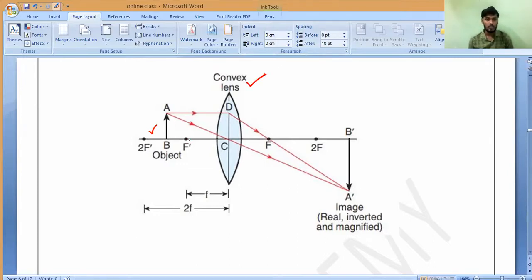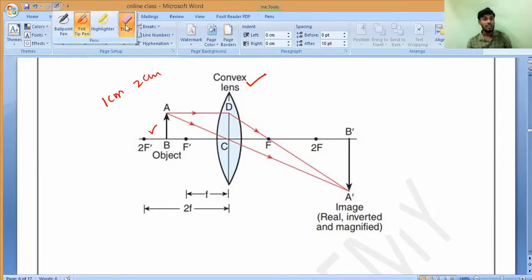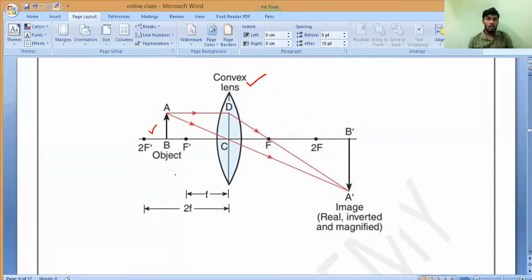So the object is placed between F dash and 2F dash, and please take the height of the object as 1 centimeter or maximum 2 centimeter. Don't go beyond that. I observed that somebody takes a 5 centimeter object also. It is very bad and you will never get a perfect ray diagram. Take maximum 1 centimeter, or 1.5, or hardly 2 centimeter. That's all. Now observe very carefully.